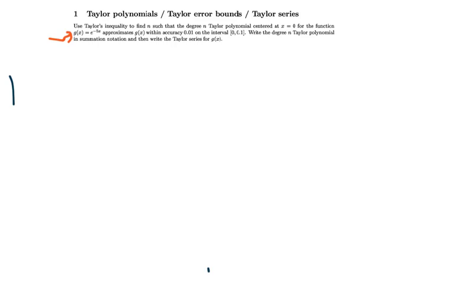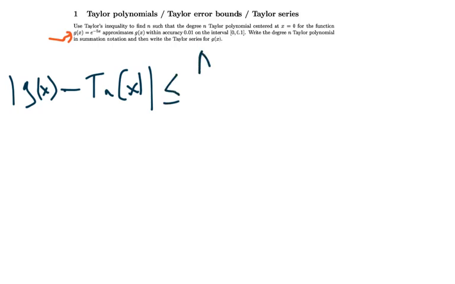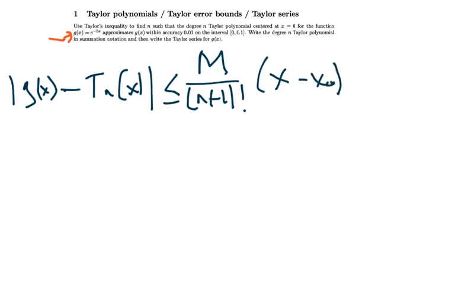Taylor's inequality says that g of x minus Tn of x, where Tn of x is the nth degree Taylor polynomial, is less than or equal to M over n plus 1 factorial times x minus x0 to the n plus 1. Here x0 is equal to 0.